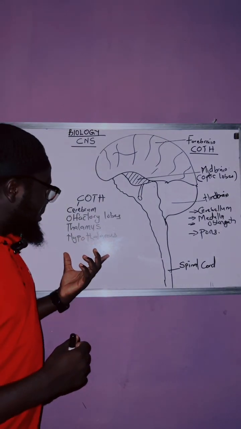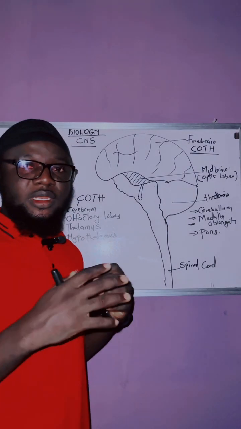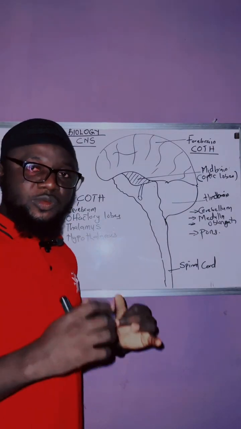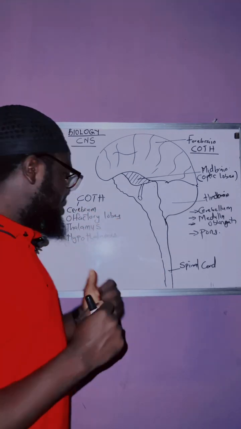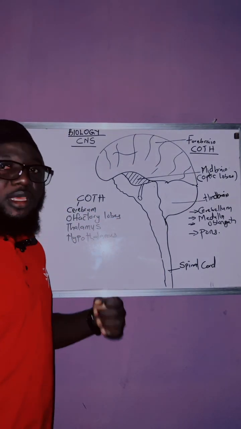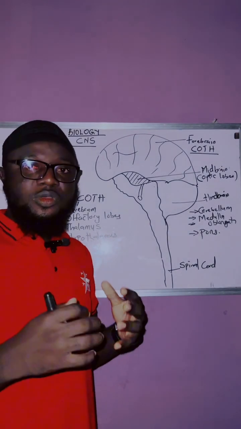Then the next one is the hypothalamus. This controls two or three major body functions, and the first one is the body temperature. The sleep is also controlled by the hypothalamus, and also taste.